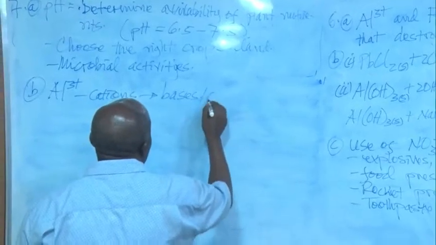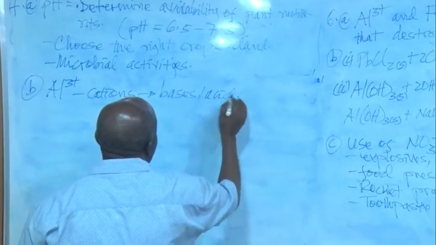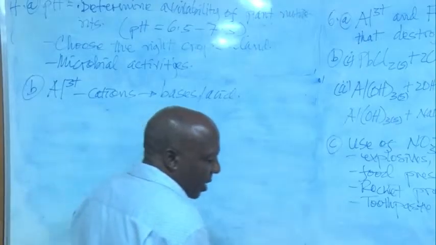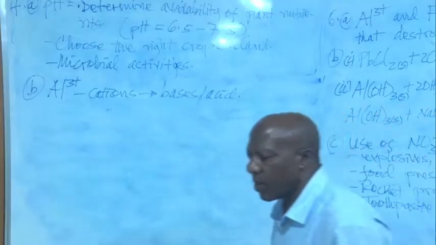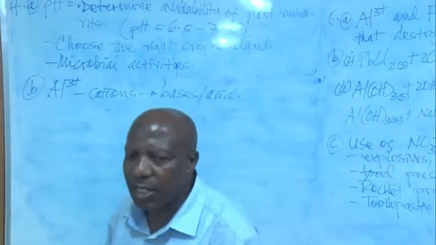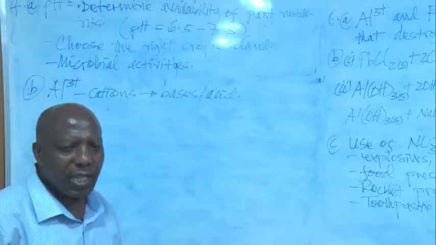Instead, we consider them as acids. Even in determining the percentage base saturation of the soil, normally hydrogen ions as well as aluminium ions, though they are cations, are still considered as acids.